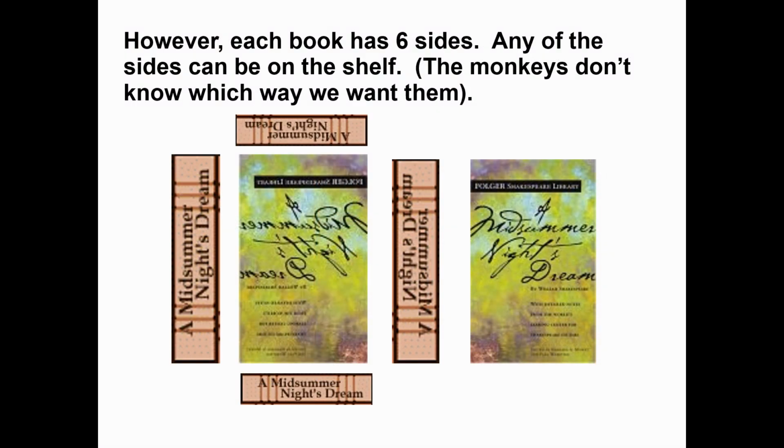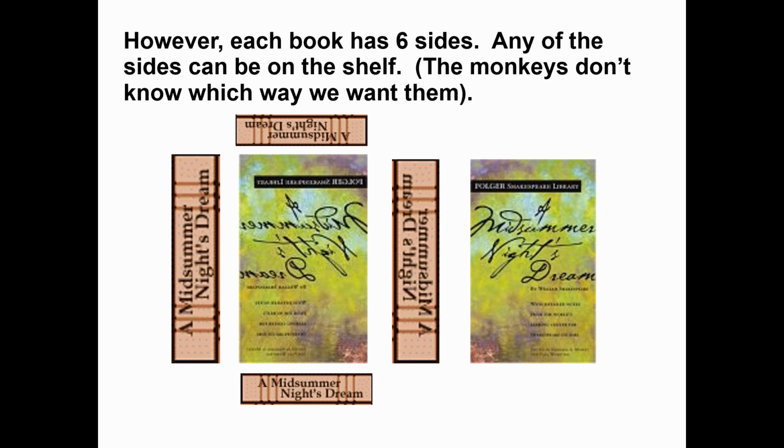Any of the sides can be on the shelf. The top could be laying on the shelf, the front, the back, the binding, or the opposite of the binding could be laying on the shelf. The monkeys don't know which way we want them, so it'll be by chance that they get it right.